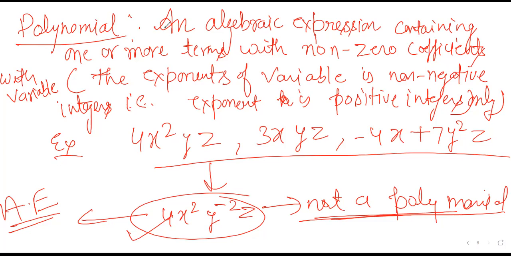A polynomial is where the exponent is only positive, but in an algebraic expression the exponent can be positive as well as negative.